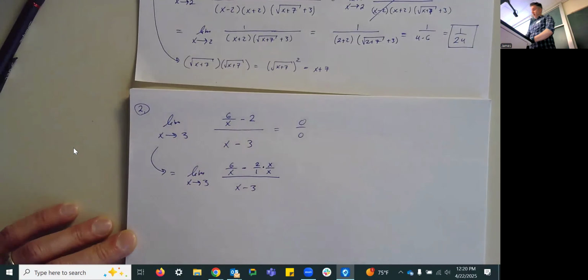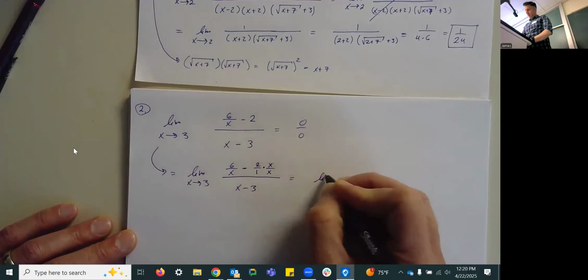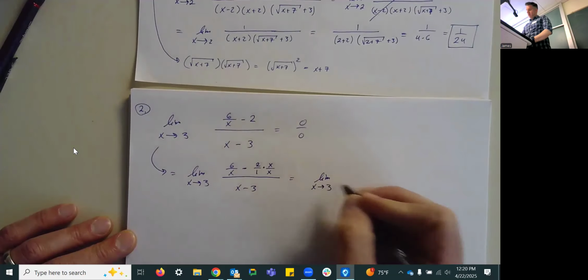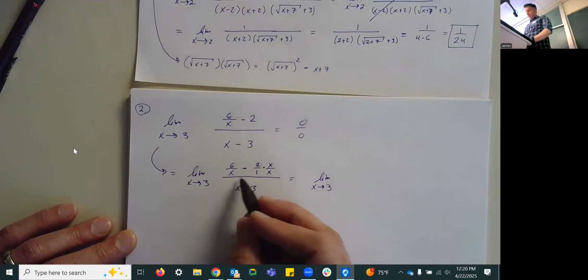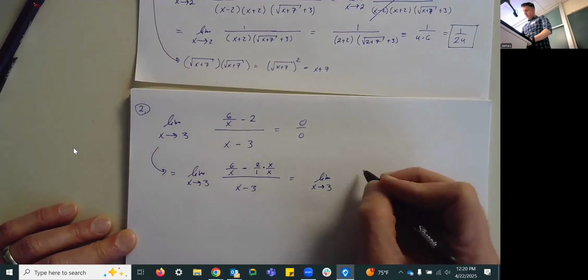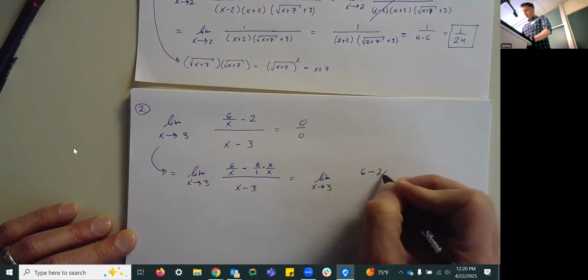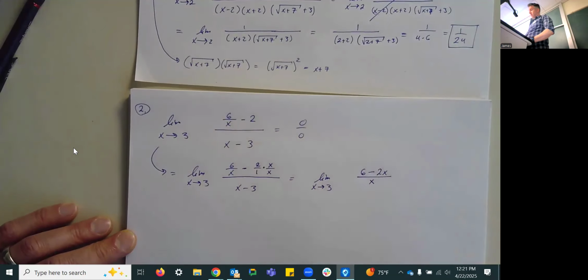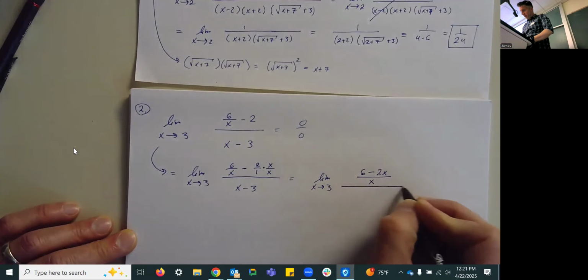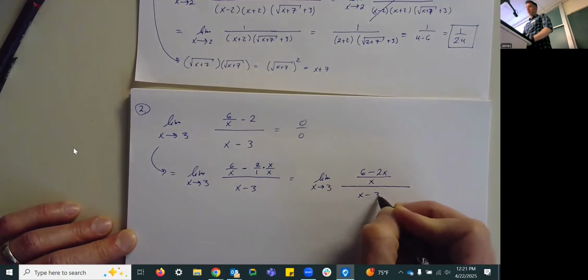So now we're going to simplify. We're going to rewrite this as the limit as x approaches 3 of 6 over x minus 2x over x, or just 6 minus 2x all divided by x. That's the whole point of getting a common denominator, so that we can actually subtract those fractions and get one fraction in the numerator divided by x minus 3.